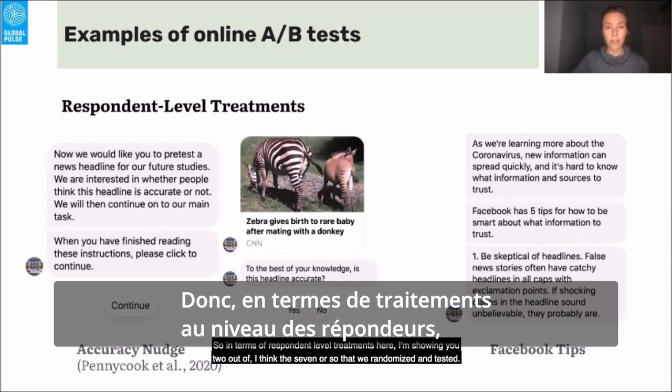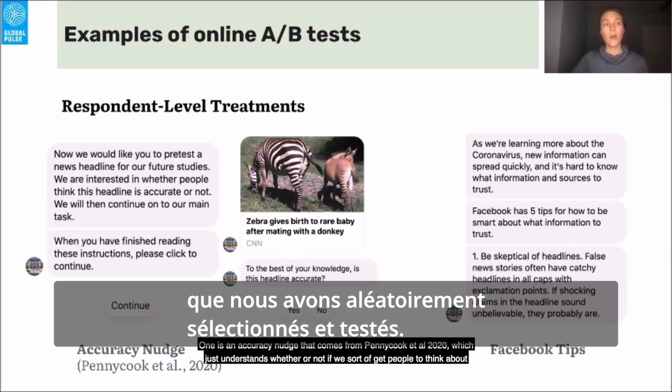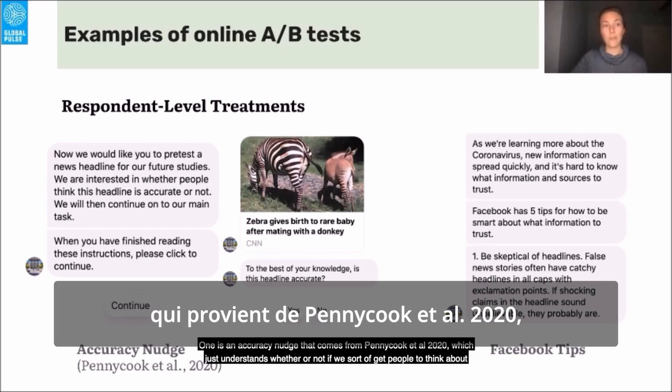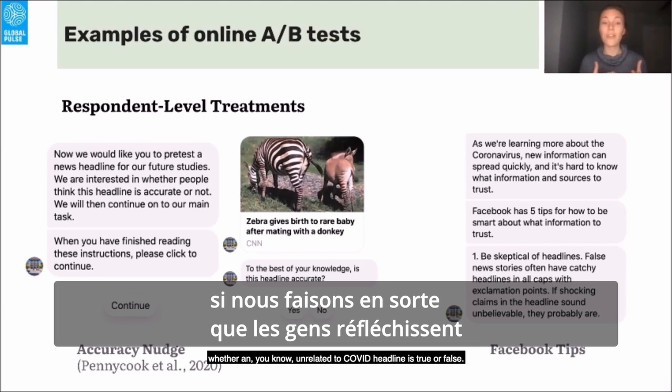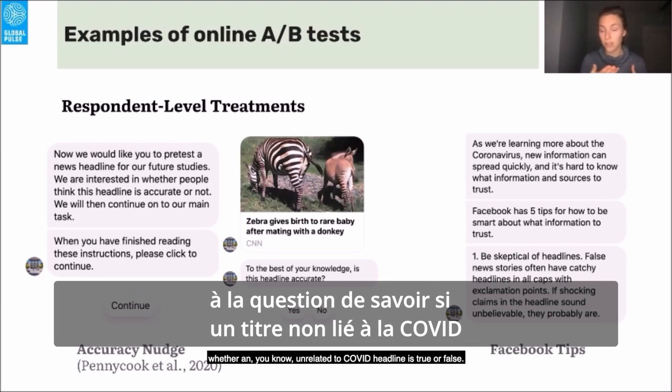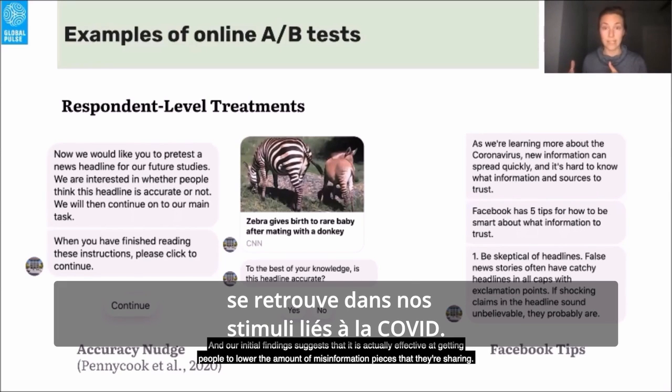So in terms of respondent level treatments, here I'm showing you 2 out of, I think, the 7 or so that we randomized and tested. One is an accuracy nudge that comes from Pennycook et al. 2020, which just understands whether or not, if we sort of get people to think about whether an unrelated to COVID headline is true or false, if that sort of nudge towards accuracy carries over into our COVID related stimuli.